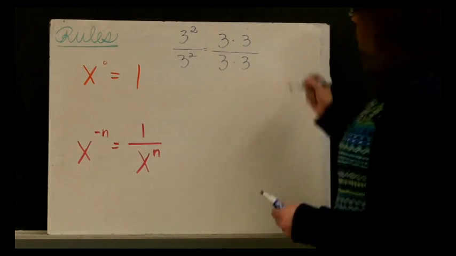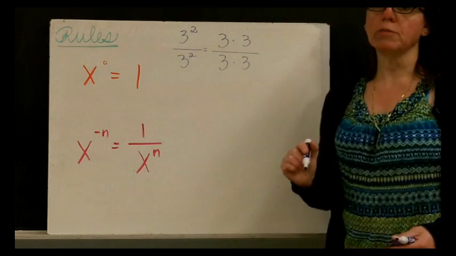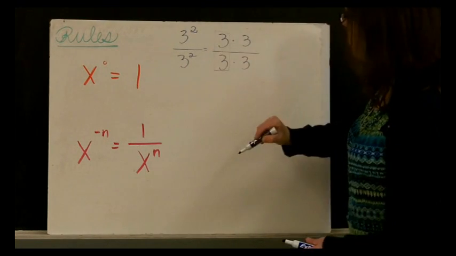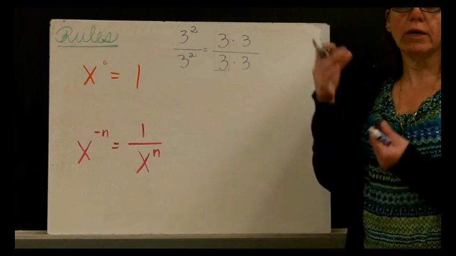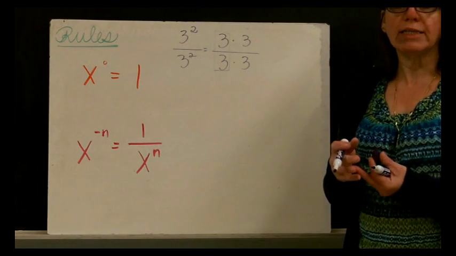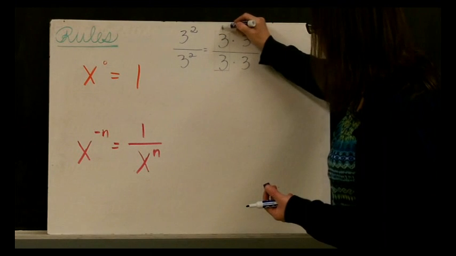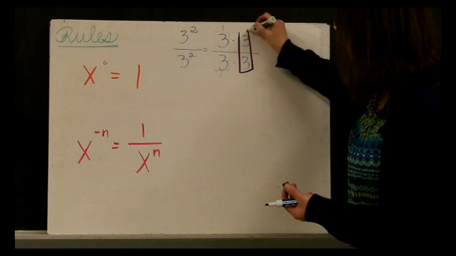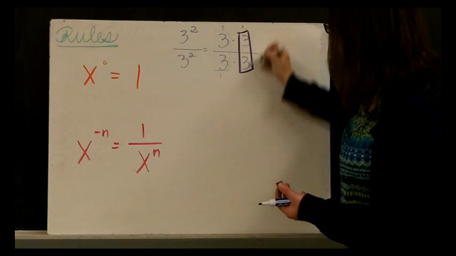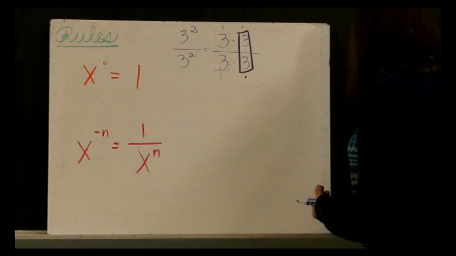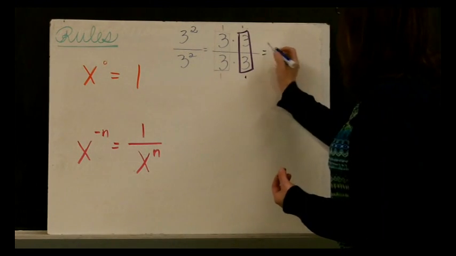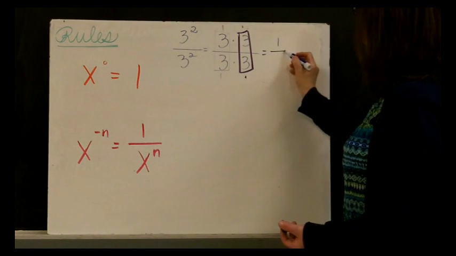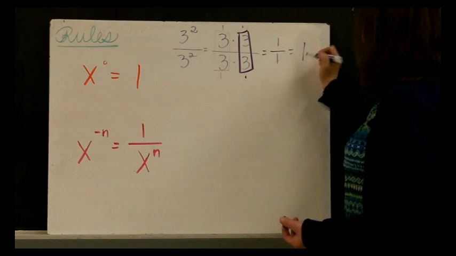When we show the expanded form, you can see that this 3 over 3 makes a 1, because when the numerator and the denominator are identical, their value is 1. So I'm going to put a 1 here and a 1 there. And here we have another 3 over 3, and that's a 1, and that's a 1. And then when we finish it up, we end up with 1 times 1 equals 1, which simplifies to 1.